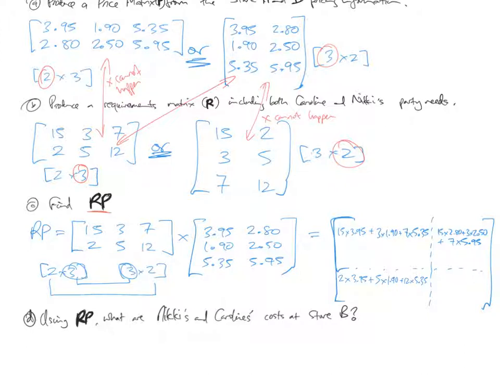Then the last multiplication is going to be the second row of the first matrix times by the second column of the second matrix. So it's going to be 2 lots of 2.80 plus 5 lots of 2.50 plus 12 lots of 5.95. So I just need to grab the calculator to answer this. Can't do any of that in my head.